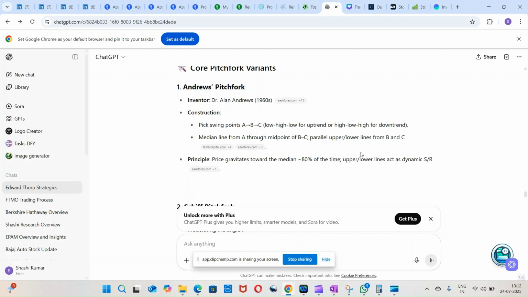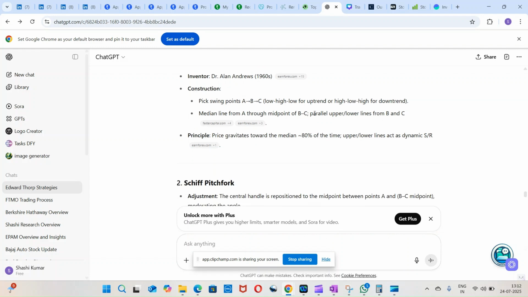So that is the basic idea: taking the low, high, and low in an uptrend, drawing these pitchfork lines, with price gravitating towards the median 80% of the time, and the upper and lower lines acting as support and resistance.